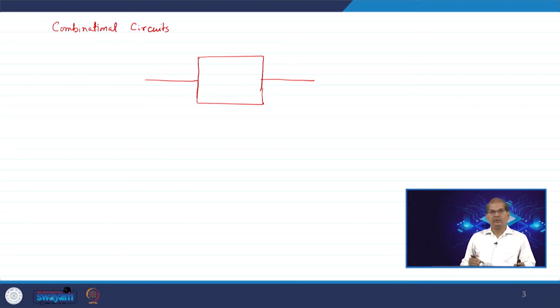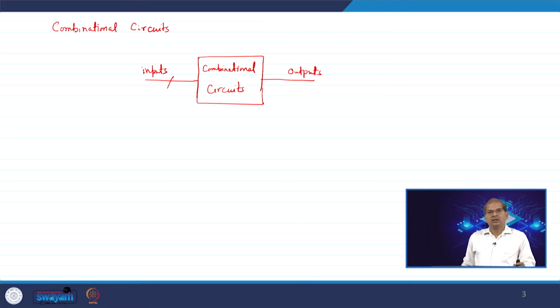If the input changes, then the output will respond after that delay. These are the inputs and these are the outputs. It can be one or multiple output lines.